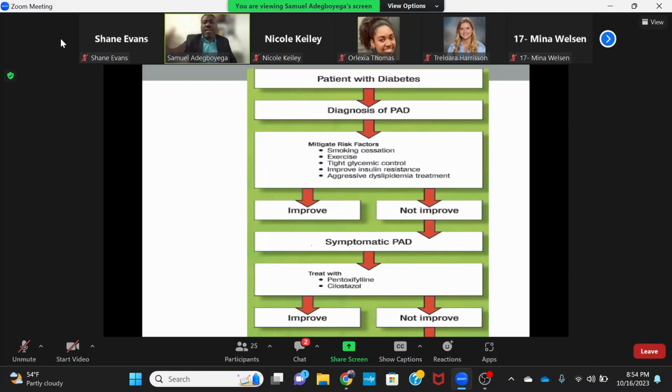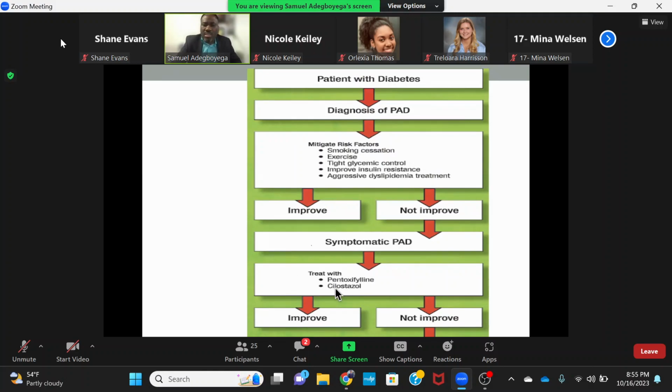If the lifestyle modification does not improve the symptoms, the next step is to place the patient on pentoxifylline, or Trental, or cilostazol, which is Pletal. Cilostazol is what is recommended by the FDA for the treatment of intermittent claudication. You could use pentoxifylline also, but the FDA has shown the results are not as good as cilostazol. So cilostazol is the number one treatment for intermittent claudication, followed by pentoxifylline.